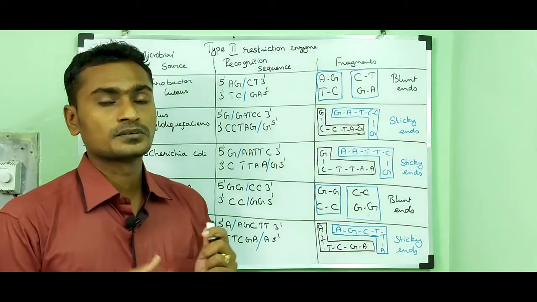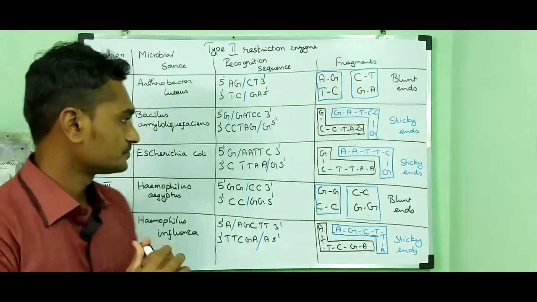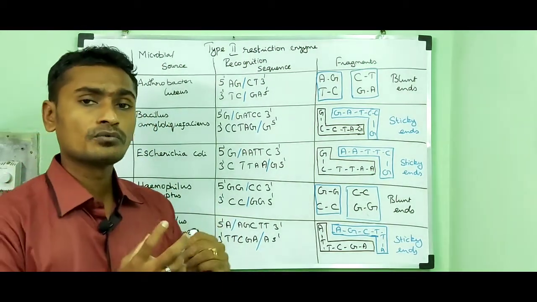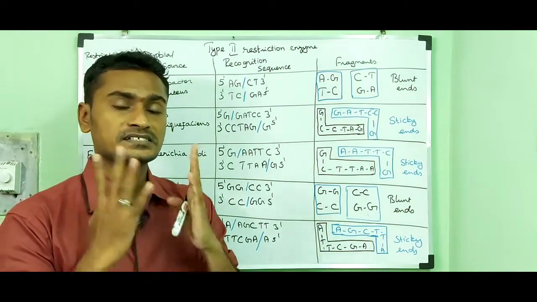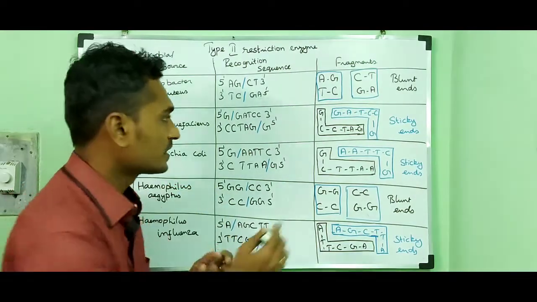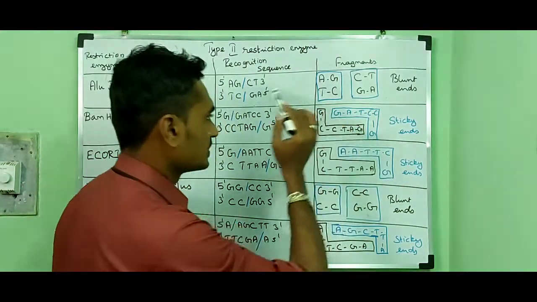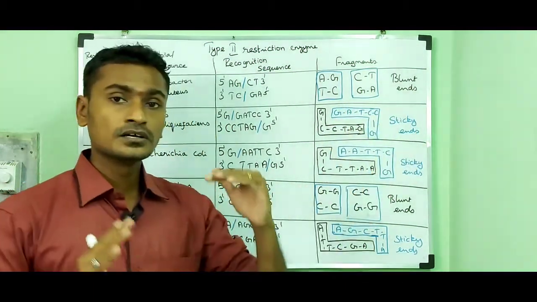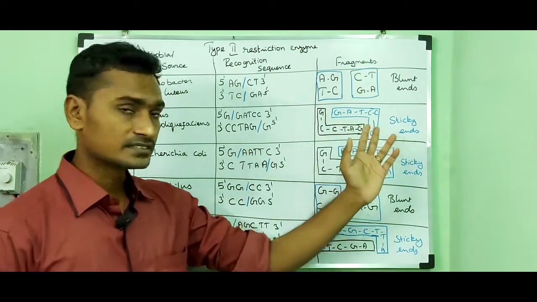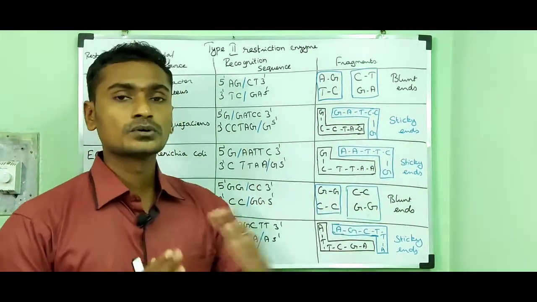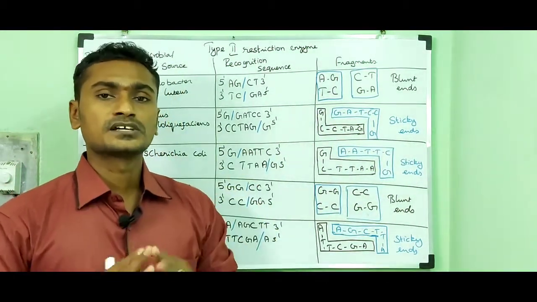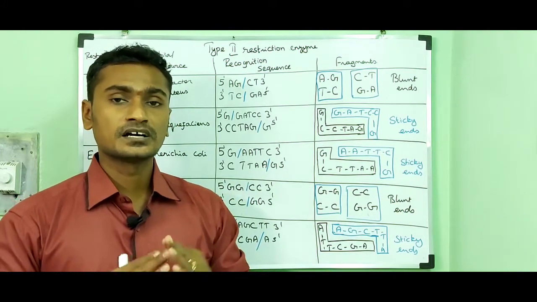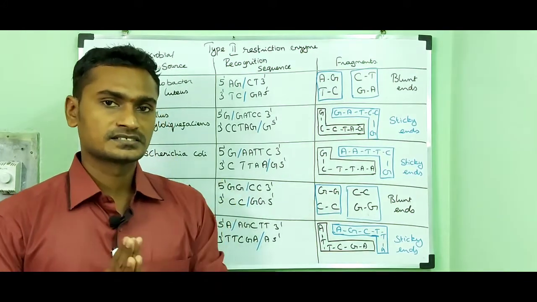In the case of some enzymes, the cleavage produces overlapping and recessed ends, and these ends are called sticky ends or cohesive ends. These cuts are called asymmetrical cuts or staggered cuts.